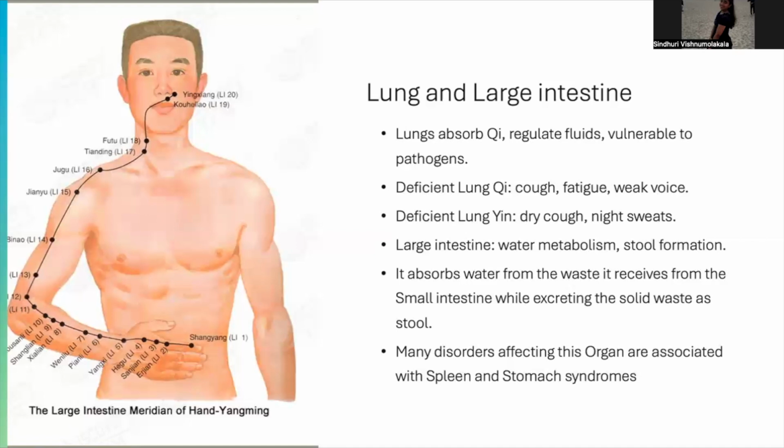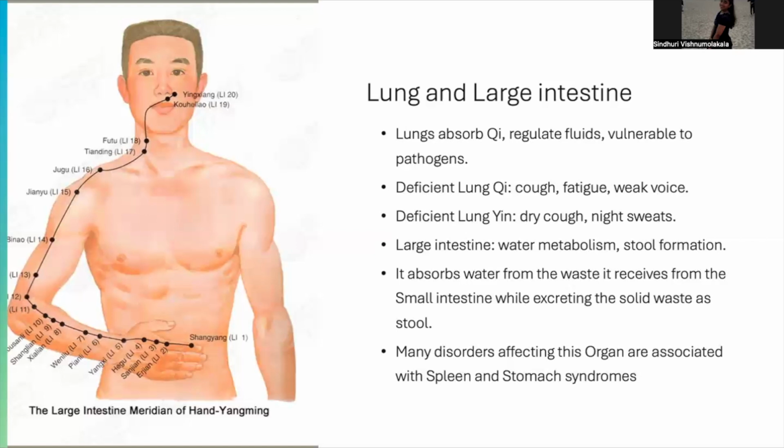Now, coming to the large intestine. Large intestine generally helps in water metabolism and stool formation. Now, let's understand this more. When you eat food, it goes into the stomach, then slowly transports to the small intestine, and from the small intestine to the large intestine.